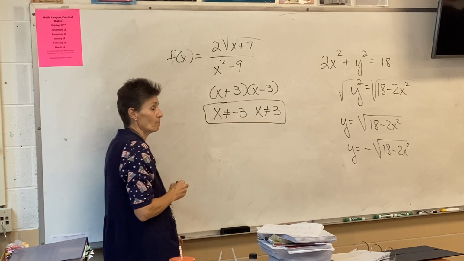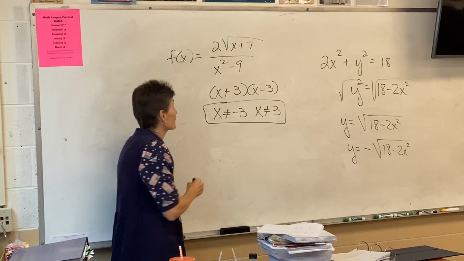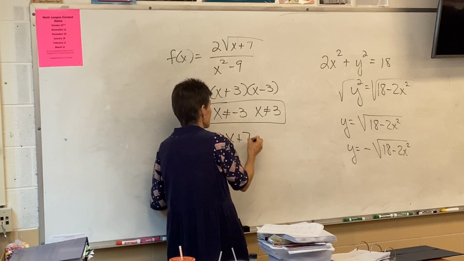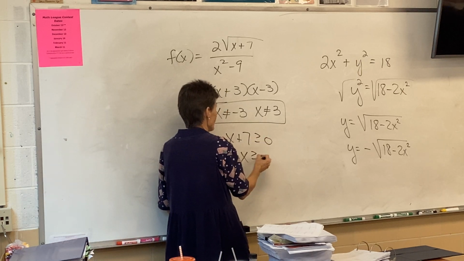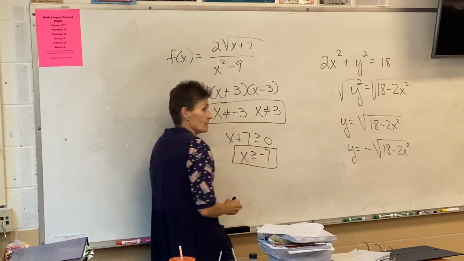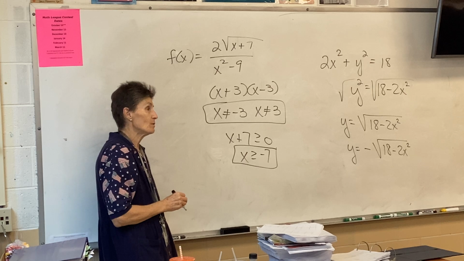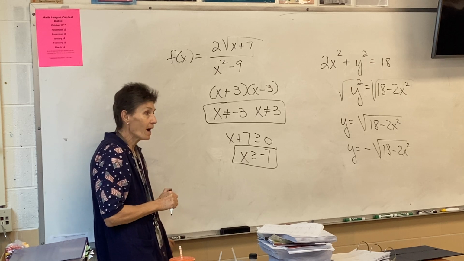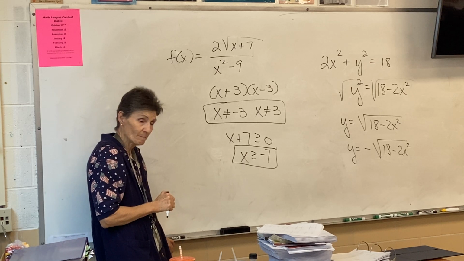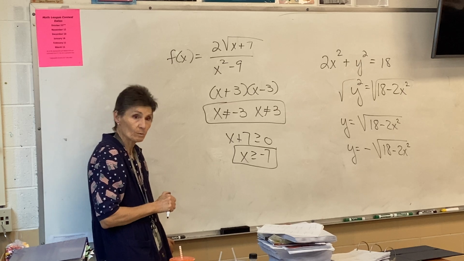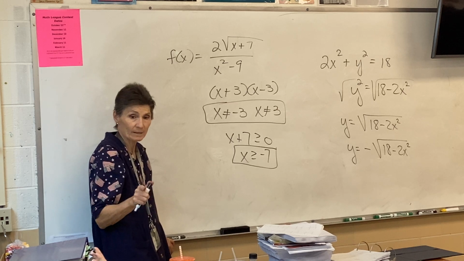What's the other part? The radical has to be bigger than or equal to 0, so x has to be bigger than or equal to -7. Because when we do domain, we cannot have a 0 in the bottom, and we have to have greater than or equal to 0 under the radical.